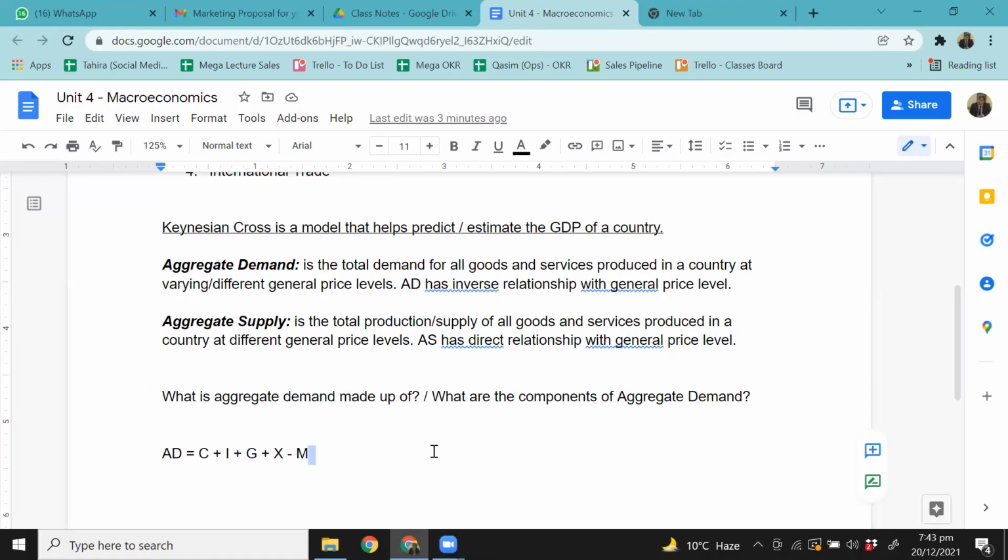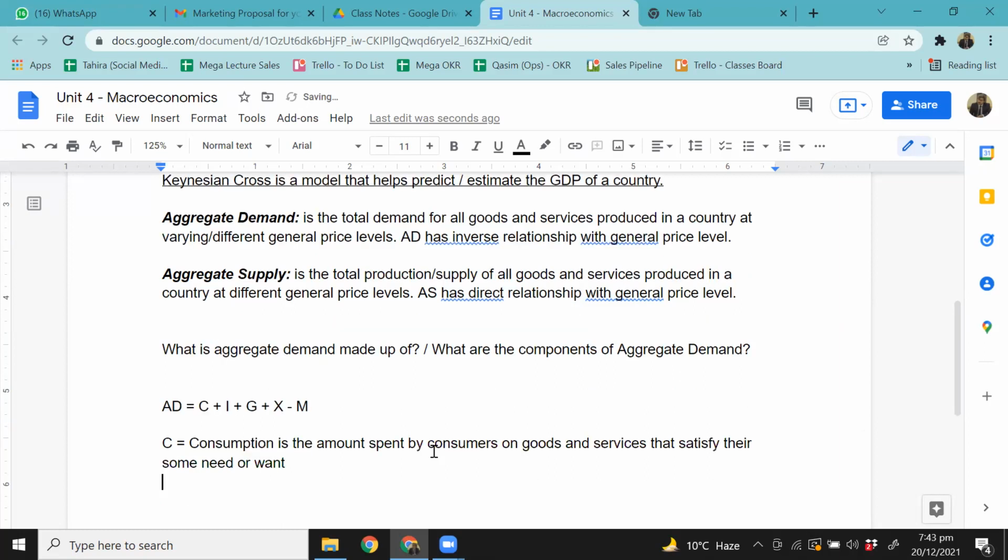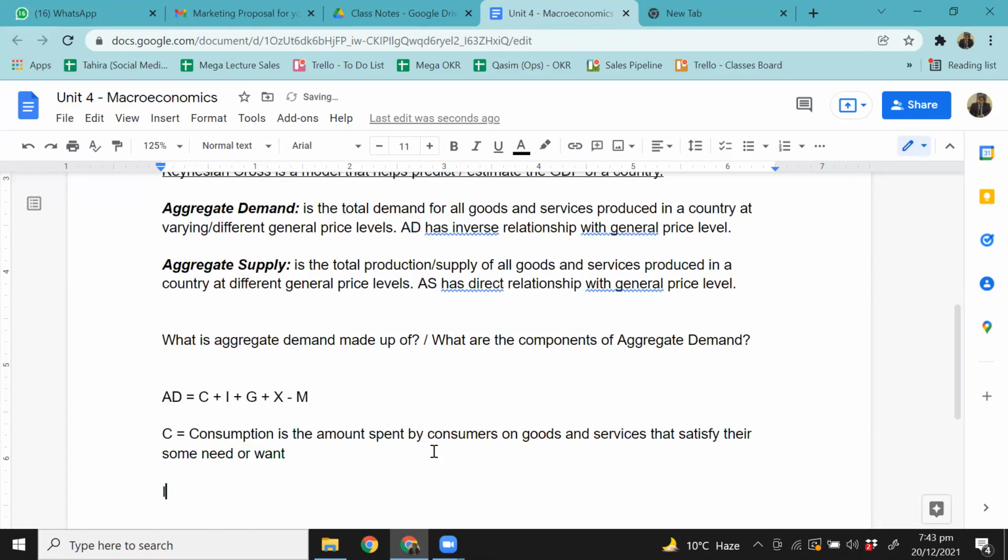Okay, so C is equal to consumption, the amount spent on goods and services that satisfy their needs and wants. So that is what consumption is. Then I stands for investment.